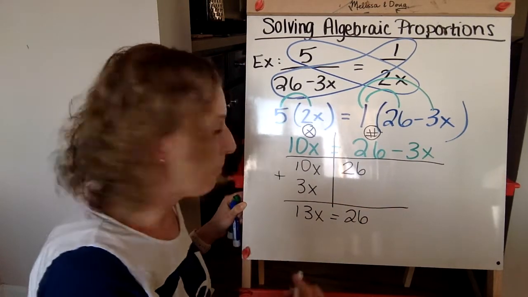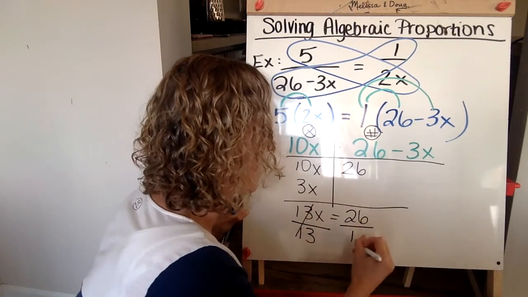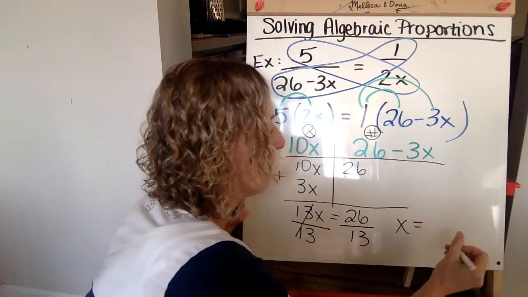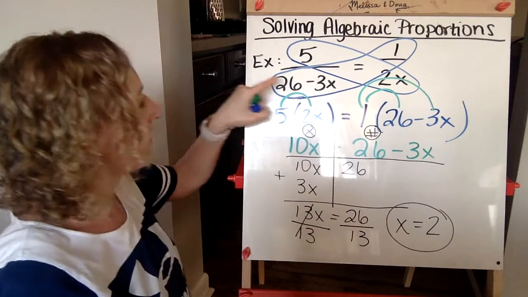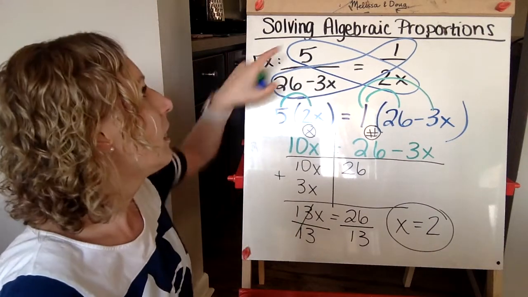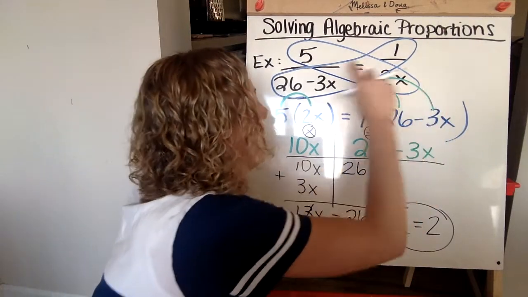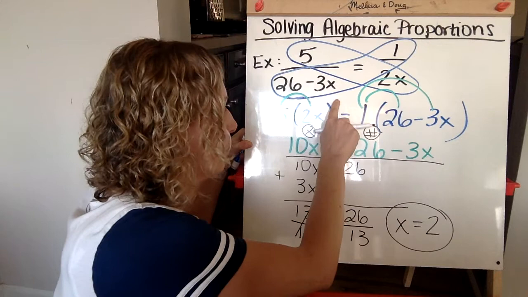And our final step is to divide by the number that's next to the x. Cross it out there, and 26 divided by 13, x equals 2. And if you plug that back in, those will come out exactly equivalent. This would become 5 over 26 minus 3 times 2.